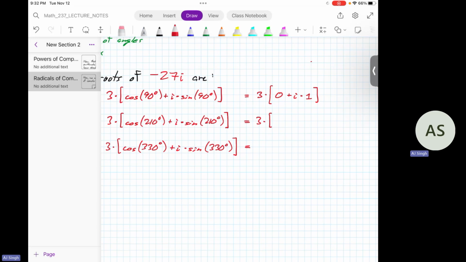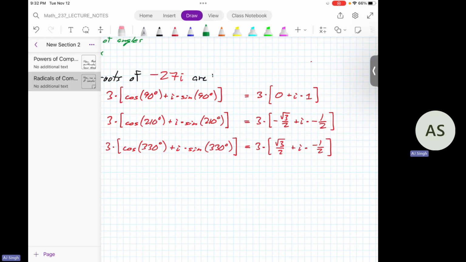What is cos of 210? Reference angle 30, cosine, negative root 3 over 2. Sine of 210 is a half. Oh, sorry, negative a half, actually. Negative a half. 3 times that is going to be root 3 over 2, and that is still negative a half. So there we go.